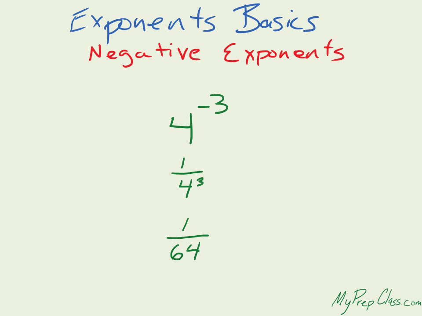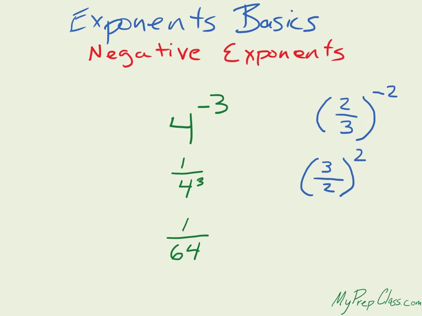This works with fractions as well. So if I try to take 2/3 to the minus 2 power, I have to invert the fraction. So inverting the fraction gives me 3 over 2 to the second power.